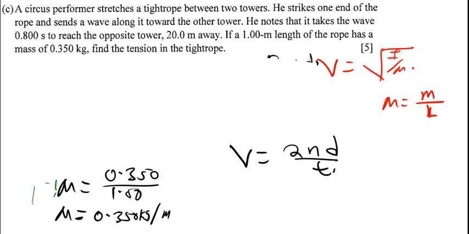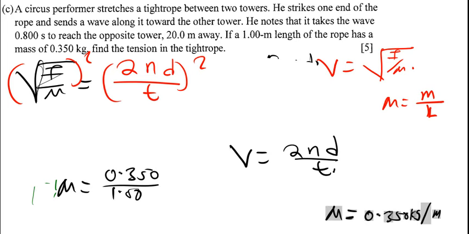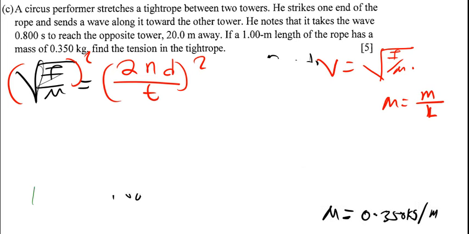Now let's replace v with the square root of F over mu, which is equal to 2nd divided by t. We have everything. Let's square both sides to get rid of the square root. So I'll end up having the tension force divided by mu equal to these ones.